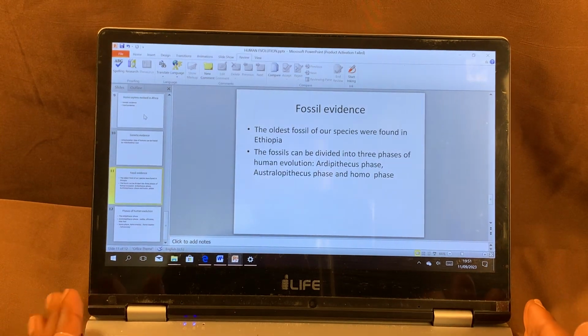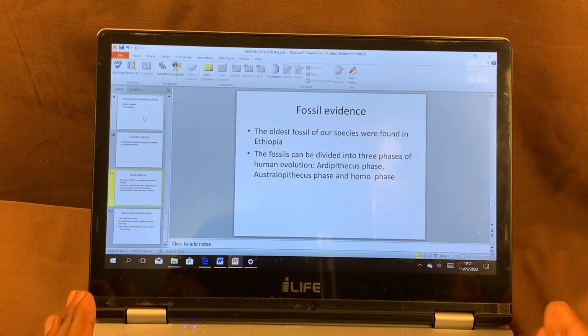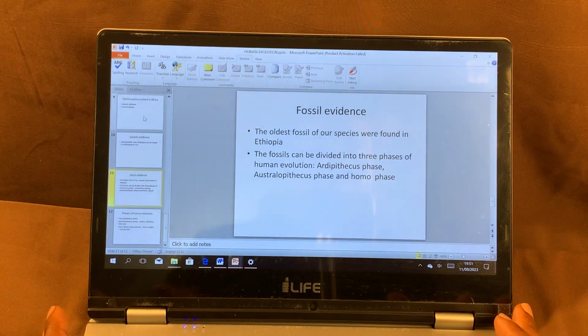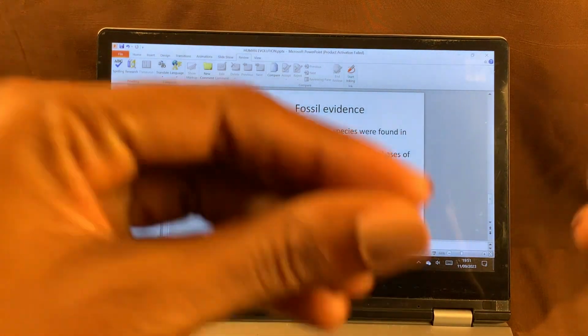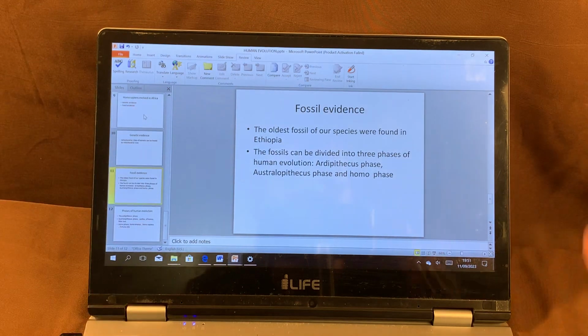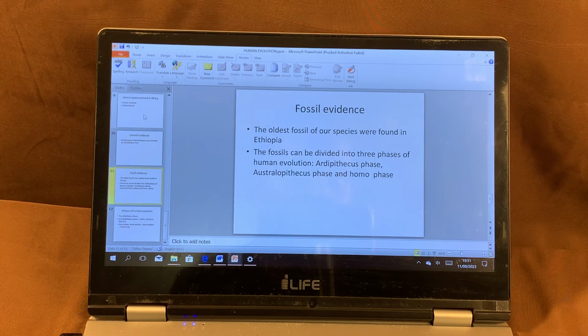This fossil has long arms, shorter legs, so let's categorize it as the Australopithecus phase. This one has a bigger head, an opposable thumb, and an S-shaped spine, so probably it's from the Homo phase. This one has bigger teeth and thick eyebrows, so let's categorize it as Australopithecus. That is when the phases occurred.